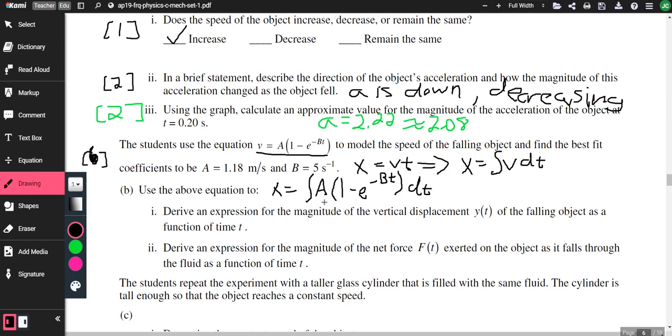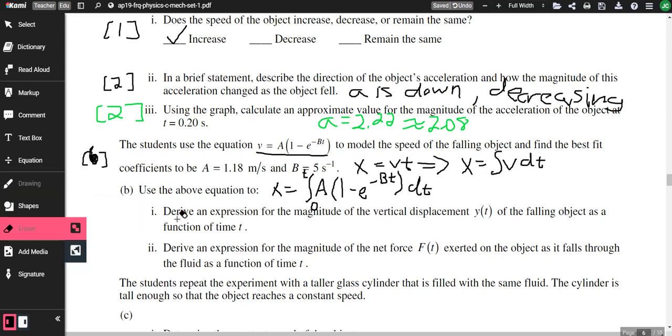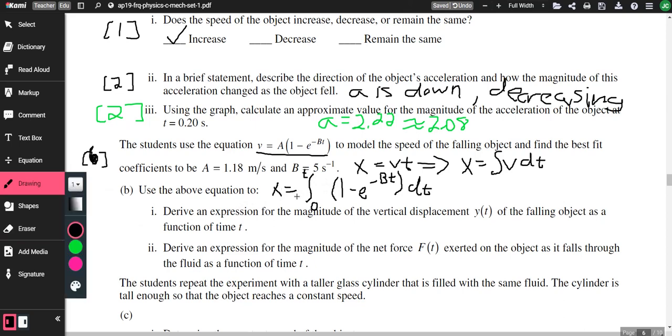And we're going to do this from 0 to t, because they want us to give a function in time, and they don't really give us any initial values, or at least we can figure out what the initial values are. So what we're going to end up doing, the a actually can be pulled out. So I'm going to do that now. I'm going to just get rid of the a and pull it out of here. So now I have to integrate this.